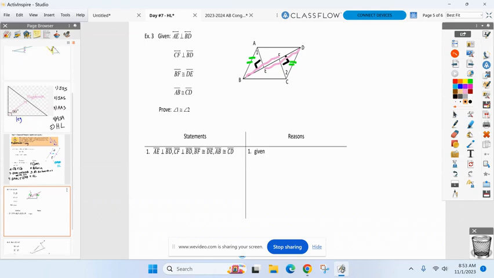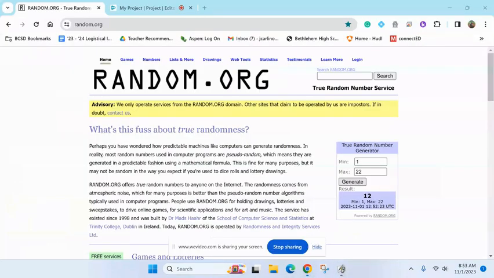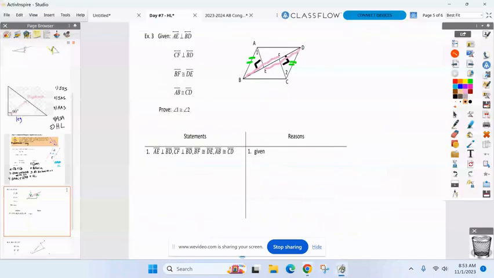This is going to be a CPCTC at the end. But 1 and 2 will not be congruent unless the triangles are. Name the 2 triangles that have to be congruent before 1 and 2 are. It's CFD and AEB.